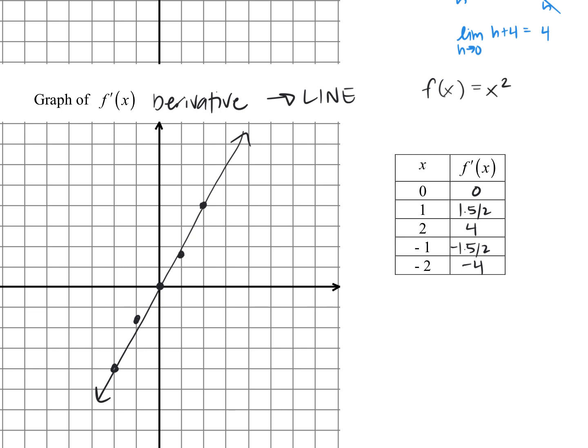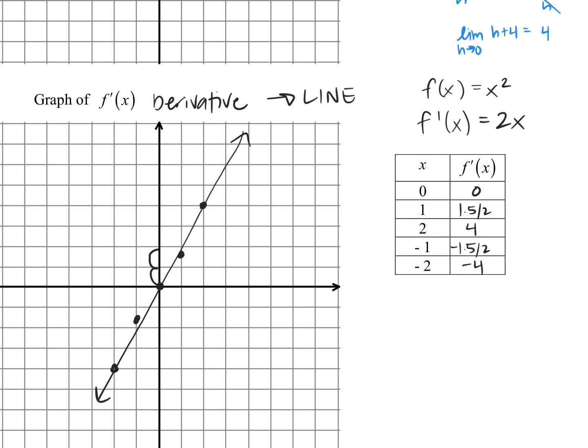If I were to write the derivative function, the equation of this line, what would it be? How would I write the equation of this line right here? y equals x, but it's actually a slope of not just 1, it's a slope of 2-ish, right?